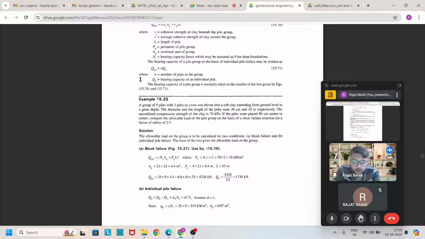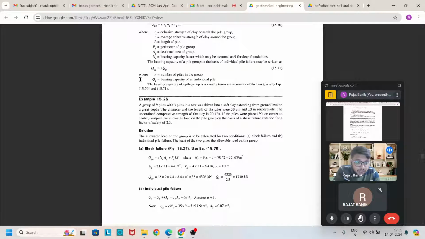For block failure, the formula is Nc C Ag plus Pg L C bar. Ag is the cross sectional area of the block, and Pg is the perimeter of the block.